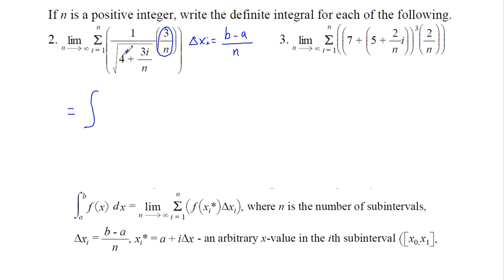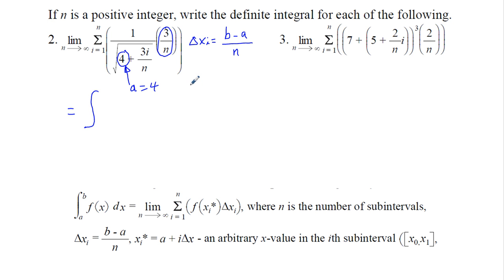So here we have, according to this, should be our a, right? Which equals 4. And delta x is this, and we have 3 over that.